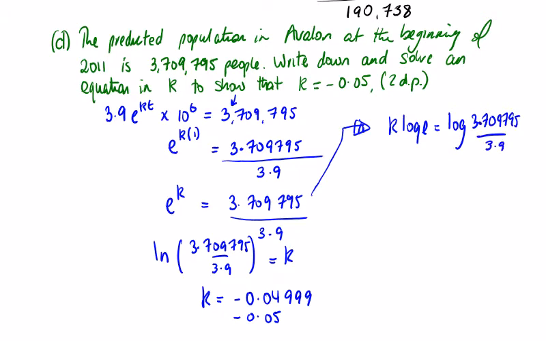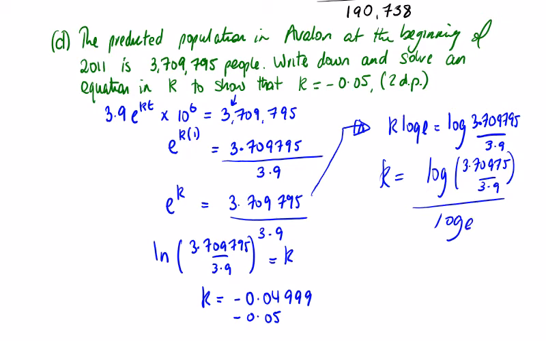So k would be equal to the log of 3.709795 over 3.9 divided by the log of e, which gives obviously the same answer. So k is minus 0.04, there's 1, 2, 3, 4, 5 nines and a 34. We don't need them because it's two decimal places, but k is equal to minus 0.05. So logs or natural logs, you can choose which one to use.